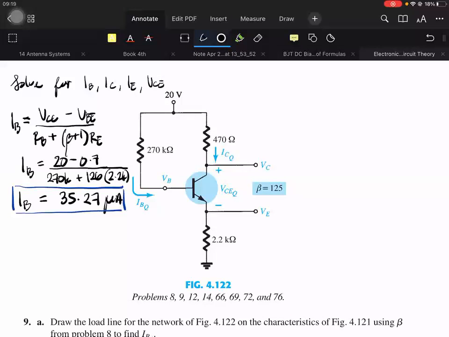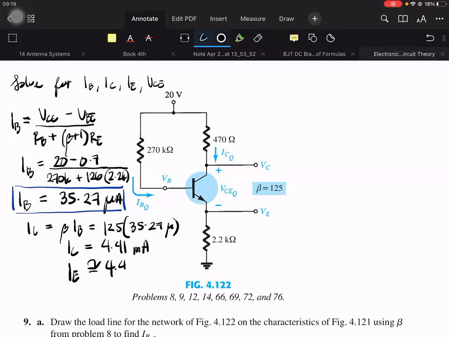Next, IC and IE. IC is equal to beta IB. So 125 times 35.27 micro. IC is equal to 4.41 milliamperes. IE is almost the same. If we put directly IE approximately 4.41 milli, that's still fine.